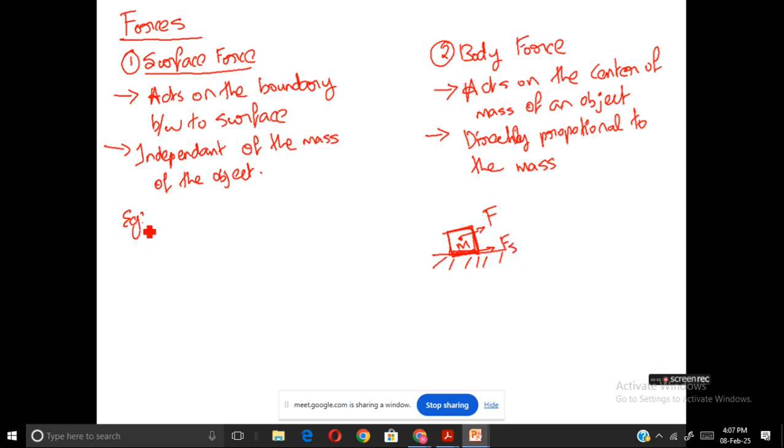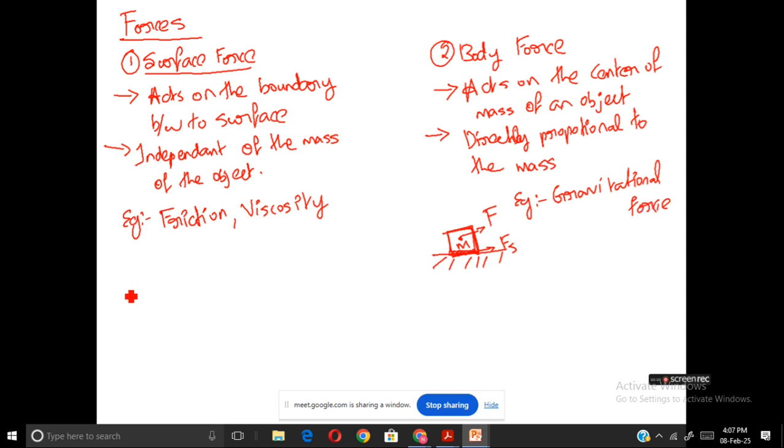Examples of surface force include friction, viscosity, etc. And examples of body force include gravitational force. Okay, so these are two different classifications of force.